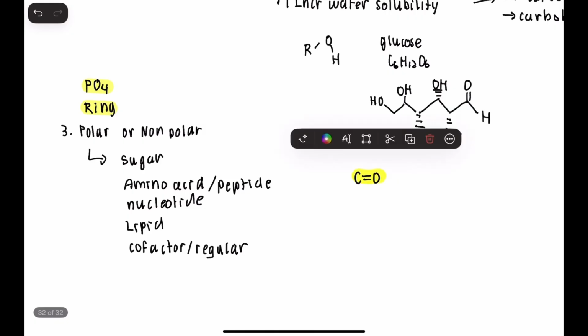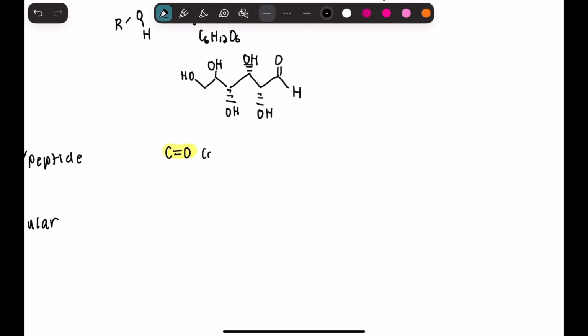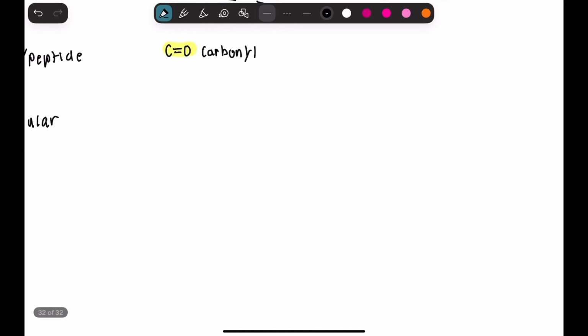Okay, now let's move on to carbonyl. This right here is going to be a carbonyl. It's going to be O, C, and then two things there. This is a carbon double bonded to an oxygen.